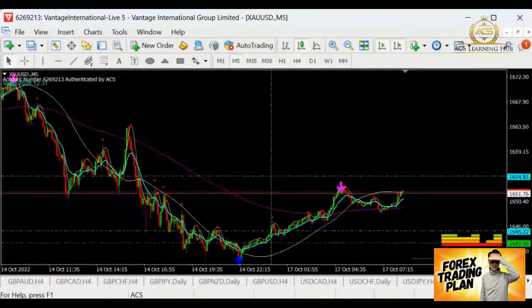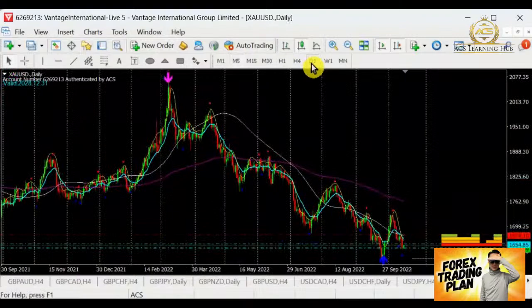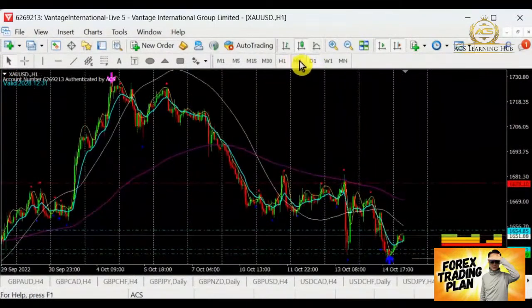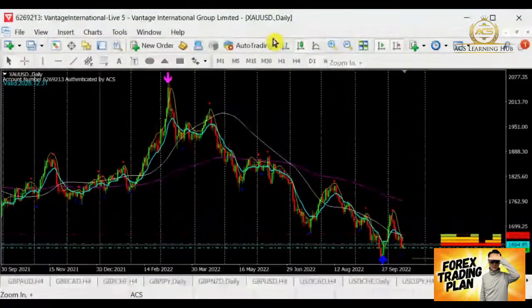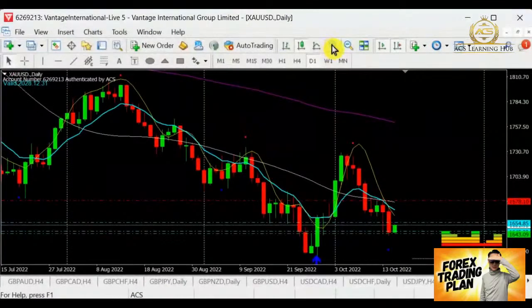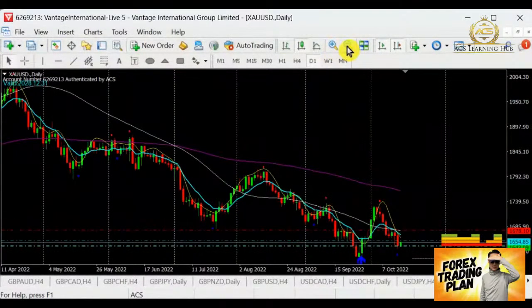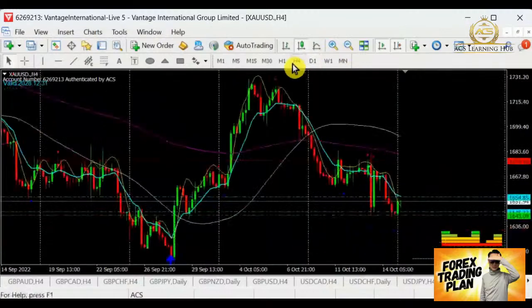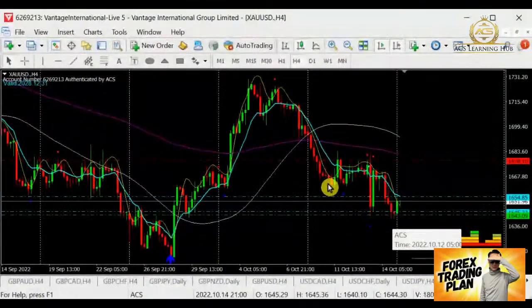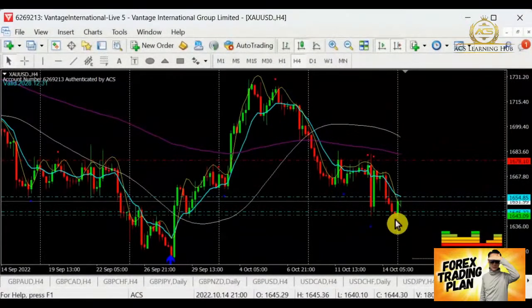Let's move on with gold trading here. As for gold, as we can see, it is finding it very hard to balance out the price here. It has taken this action downwards to our target earlier on, as we mentioned, 1665.